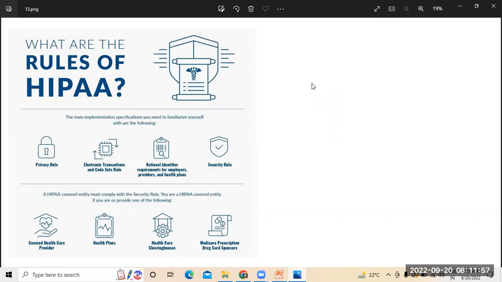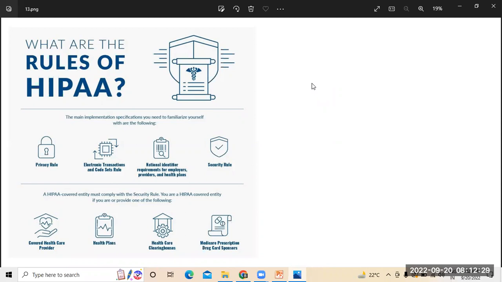EDI transactions will have a different set of rules which the team has to follow. Also, identifying the requirements for employers and providers, followed by the health insurance plans, will be protected, along with some security rules which have to be followed by HIPAA.